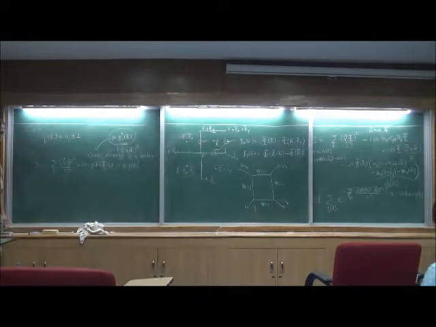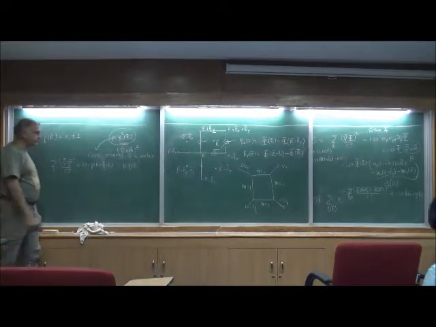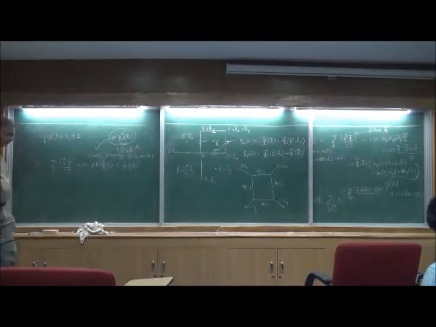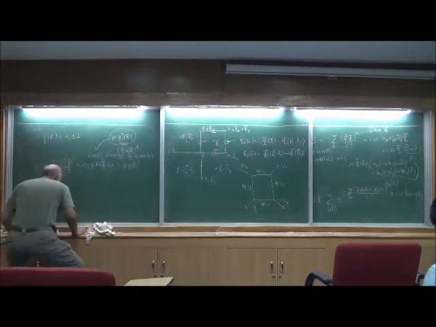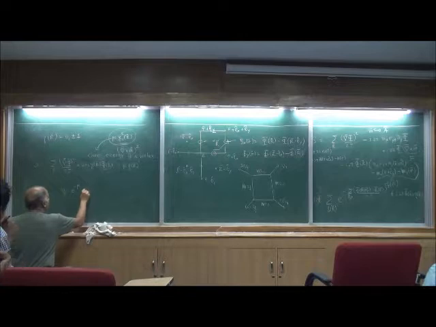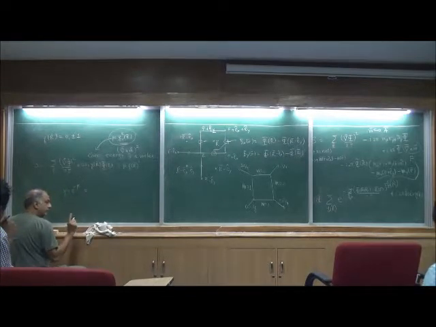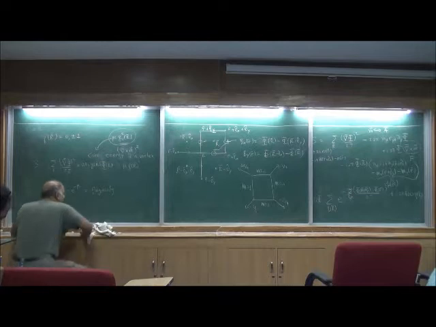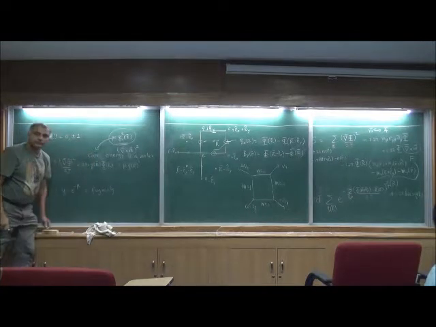Now remember, it always appears as e to the minus S. So in the case when mu is large, I will be able to solve this. Let me introduce the following object, which is called the fugacity. So y is e to the minus mu. Actually it's e to the minus beta mu, but remember we are setting T equals 1 throughout here. So this is the fugacity. This is a word from thermodynamics.